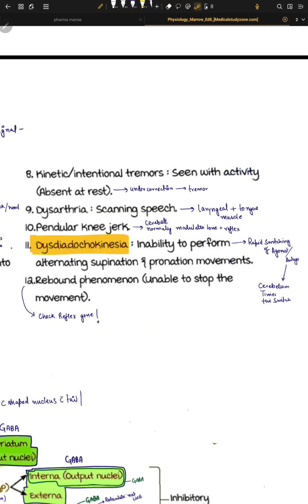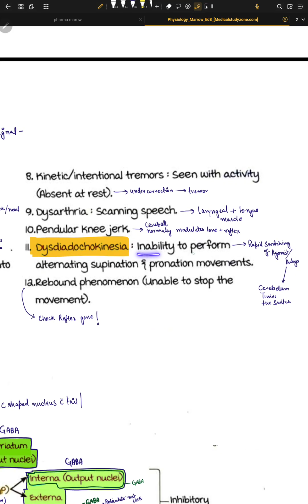So the meaning is inability to perform rapid switching, inability to perform alternating supination and pronation. Okay, you won't be able to do pronation and supination, because both of these movements are done by switching between agonist muscles and antagonist muscles. Okay, so this switching is done by cerebellum. If your cerebellum is messed up, you won't be able to do this switching.